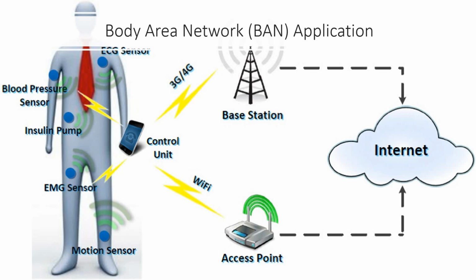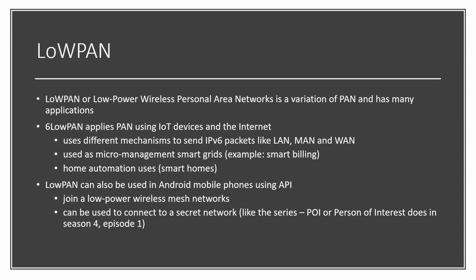This control unit communicates with an access point through Wi-Fi, or maybe using 3G or 4G data, and communicates with the base station to send the information using the internet. This can be considered an example in the case of a healthy human being, or also for a person with a medical illness or chronic diseases. So that was about it regarding body area networks.